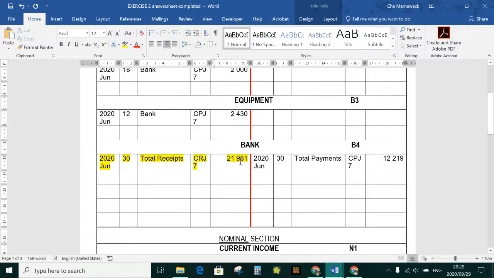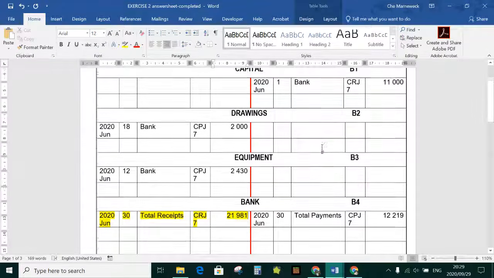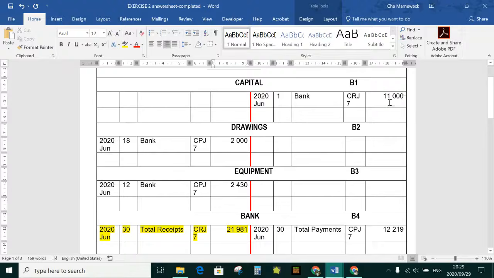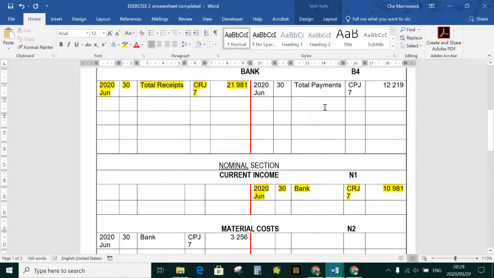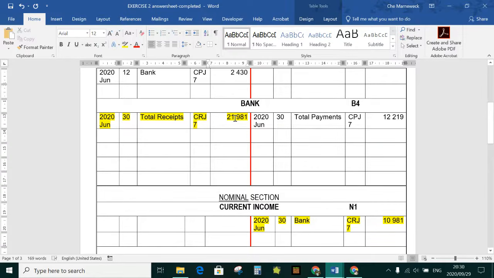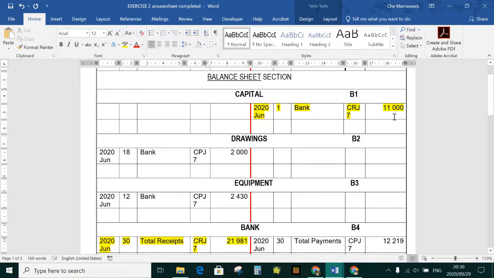We've recorded it on the left. If we add up all the values that we have recorded on the right from the cash receipts journal, so 11,000 plus 10,981, we would arrive at the same value. So our receipts are balanced. The total value on the left is the same as the total value on the right.